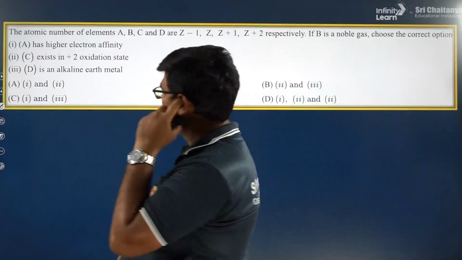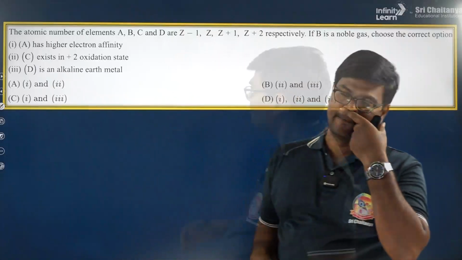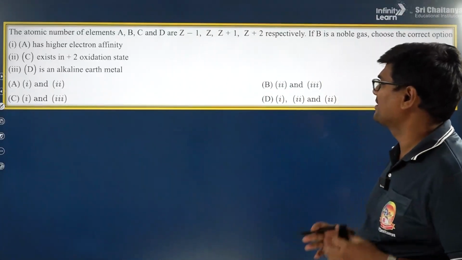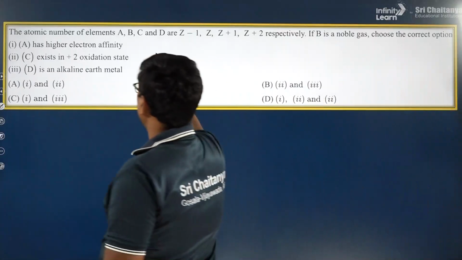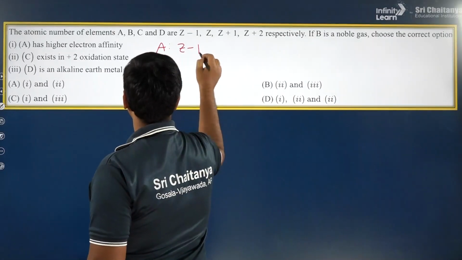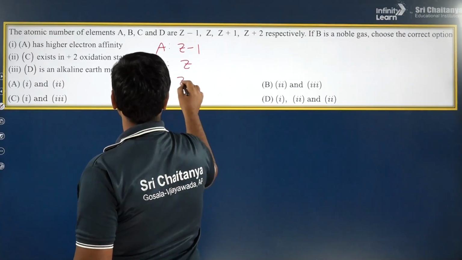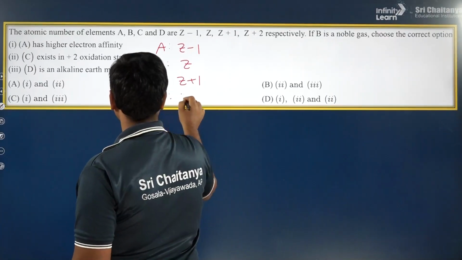The next question is about the comparison of the trends. Let us see. The atomic numbers of elements A, B, C, D are given. A is Z minus 1, B is Z, C is Z plus 1, and D is Z plus 2.